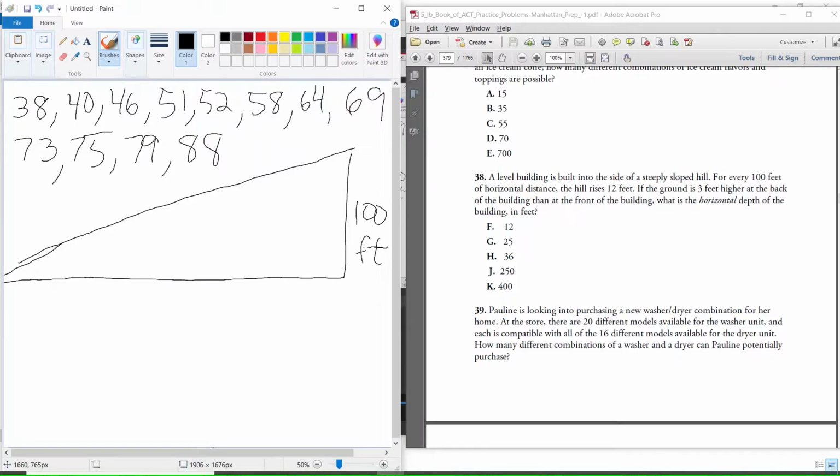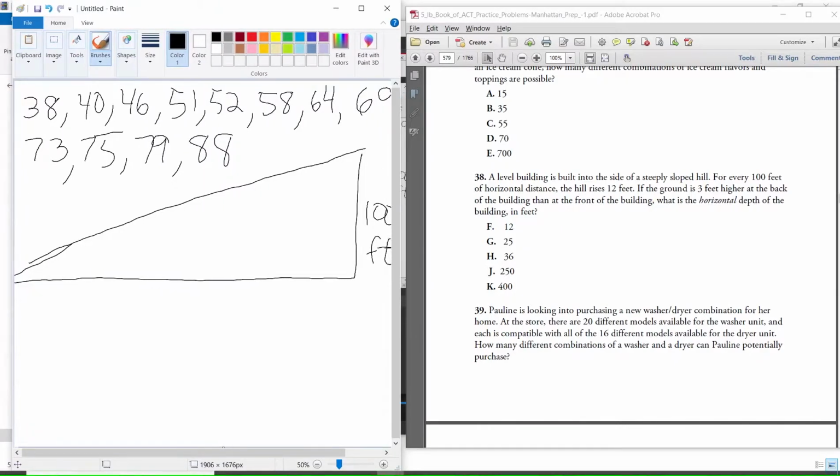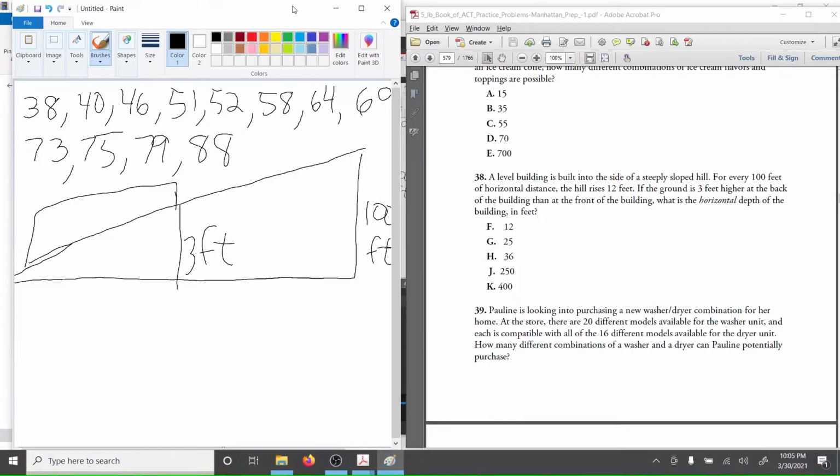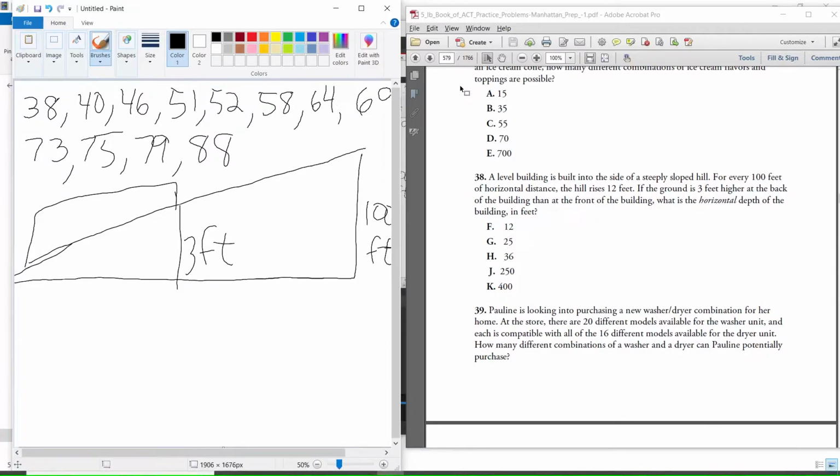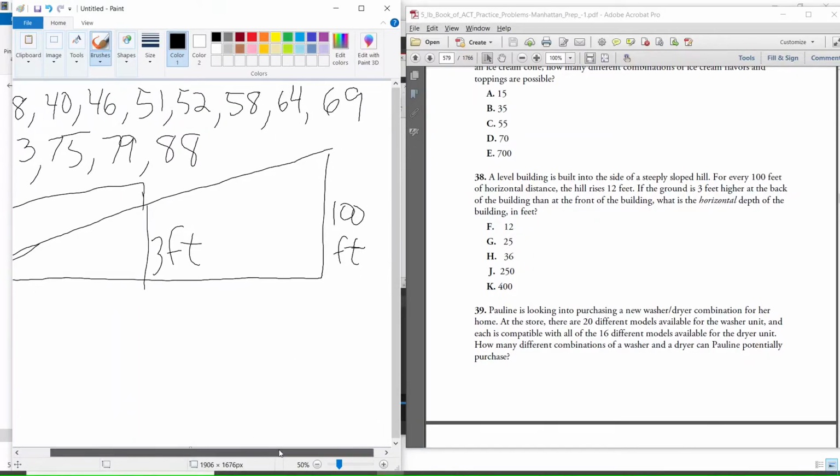If the ground is 3 feet higher at the back of the building than at the front, so let's pretend that here's the building. Oh, I've just done it again. Somehow I've gotten into moving my screen. Okay, so there's the building, and it says the ground is 3 feet higher at the back of the building than in the front of the building. And now I've got to figure out how to get this, well, no. See, now I've scrolled over, so that's not good.